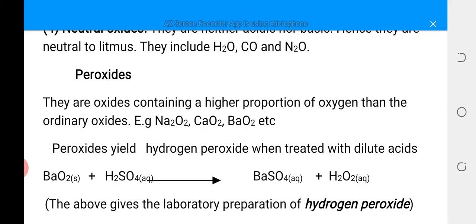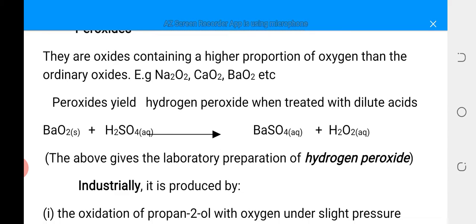Now, as you can see here, BaO2 plus H2SO4 giving us BaSO4 plus H2O2 is a kind of reaction that we can use to show the preparation of hydrogen peroxide in the laboratory.